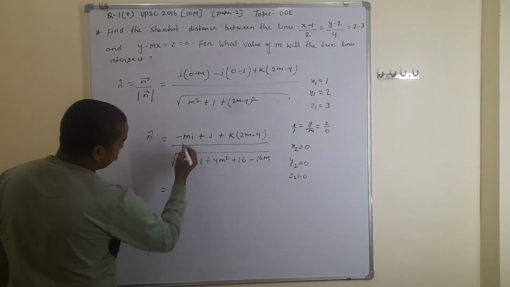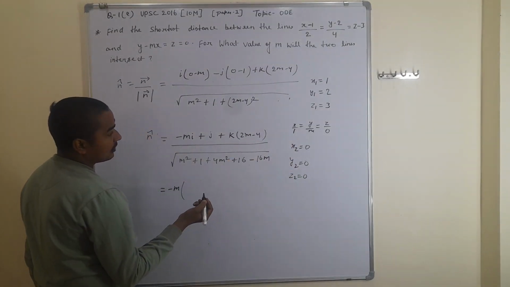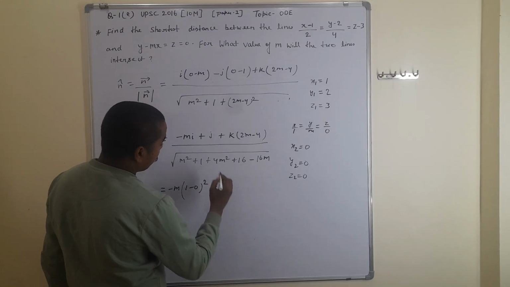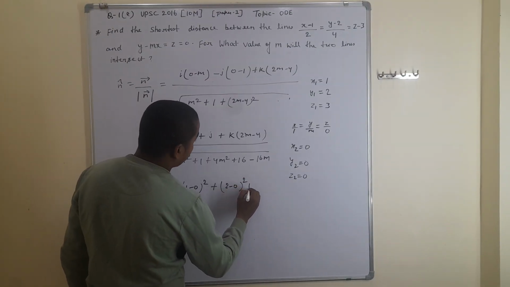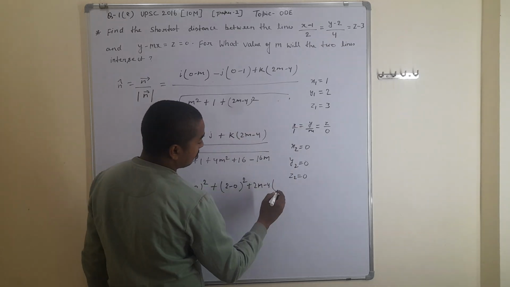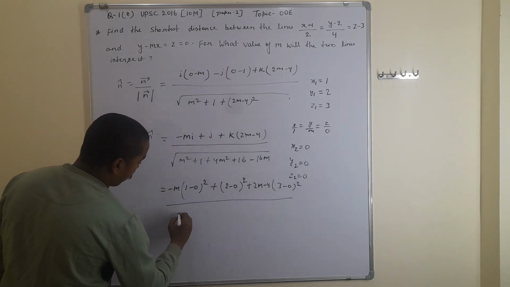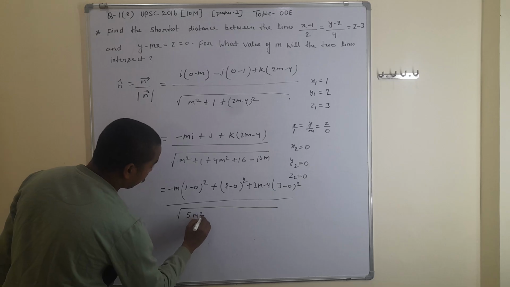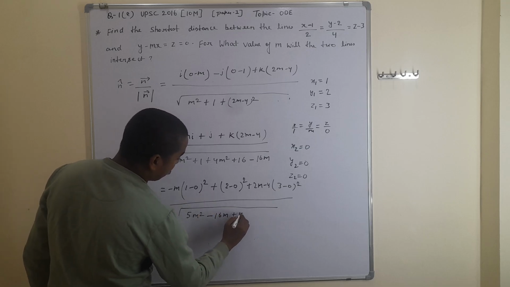So we have to take the projection, that is minus m into (x1 minus x2), that is (1 minus 0), plus j into (y1 minus y2), that is (2 minus 0), plus k, that is (2m minus 4) into (z1 minus z2), that is (3 minus 0), upon under root of m squared plus 4m squared, that is 5m squared, and 5m squared minus 16m plus 17.